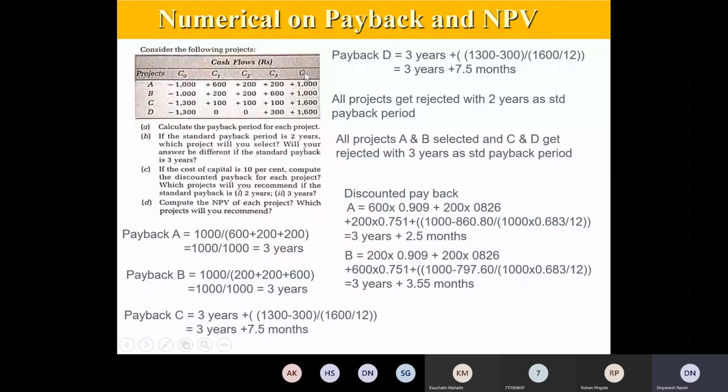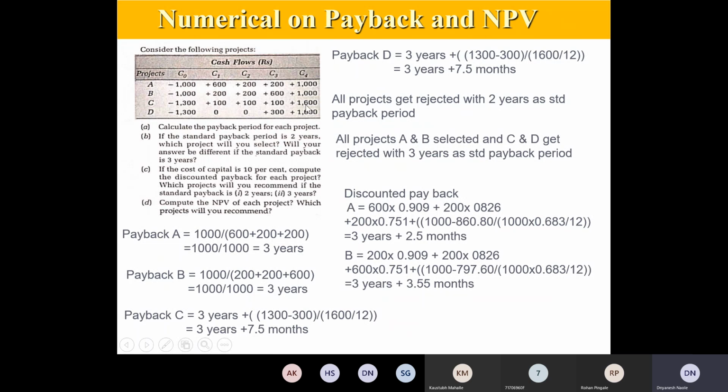So now in the fourth year you need to cover only 1000 rupees. Okay, but what inflow we are getting, what income we are getting is 1600. So now we can't directly say that 4 years is the payback period, isn't it? So you need to find out how many months more are required in the fourth year to cover the remaining 1000 rupees.